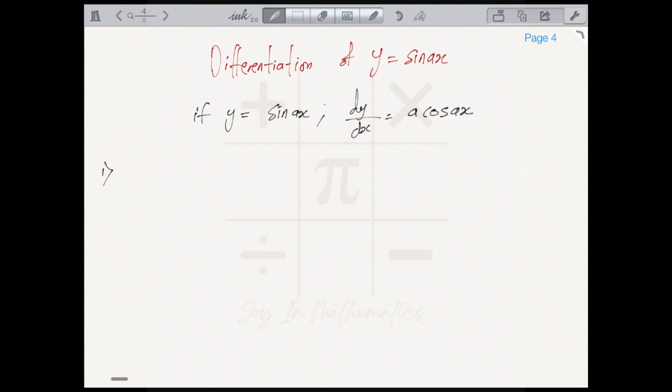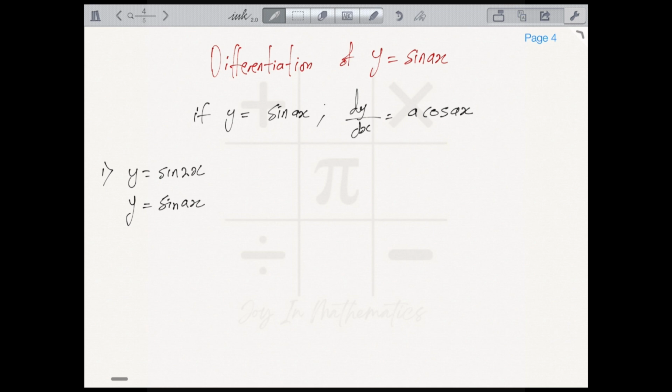Number 1. Let's assume we have y = sin 2x. The first thing we'll consider is to compare it to sin ax.